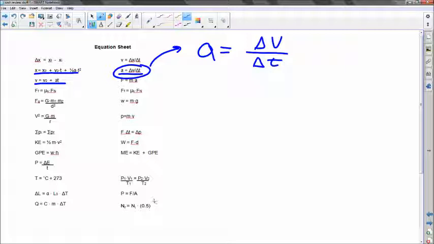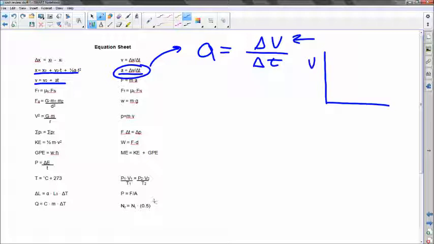An important point here: when we find change in velocity, we always take final minus initial. That means when the object loses velocity or slows down, the acceleration should end up negative. If the velocity increases and it gets faster, the acceleration should end up positive. This is also directly related to the slope on a velocity versus time graph.